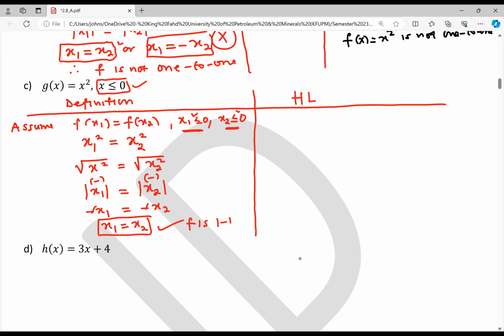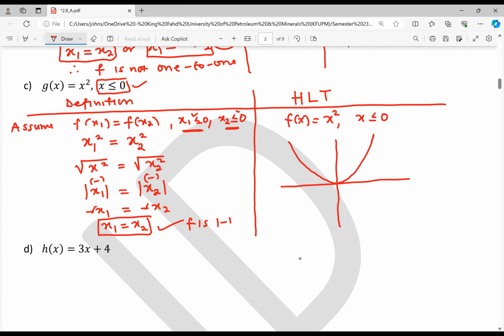Now, using the horizontal line test, we need to graph. So what are we trying to graph? We're trying to graph this function x squared, where x is less than or equal to 0. That's the same graph we have above, but in this case, we have to delete which part? We're interested in the part that is less than or equal to 0, so we have to delete the right-hand part.